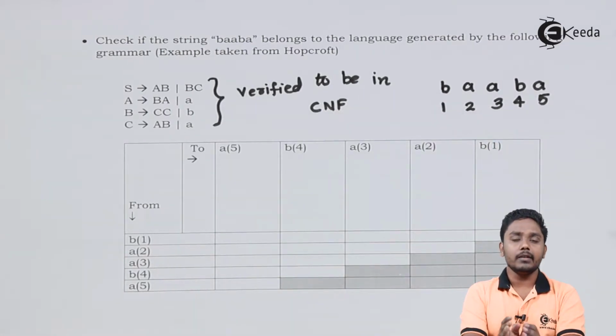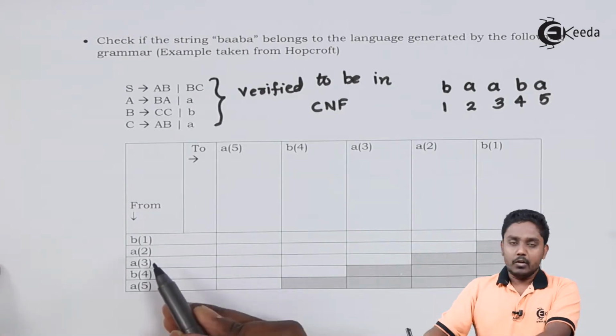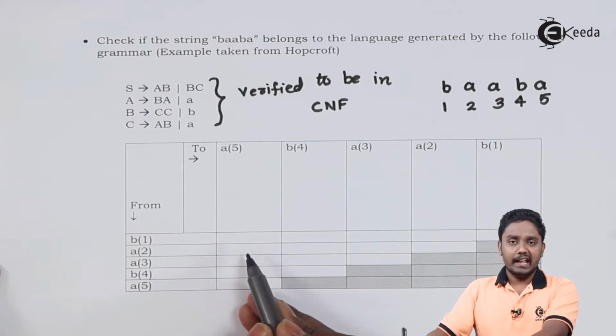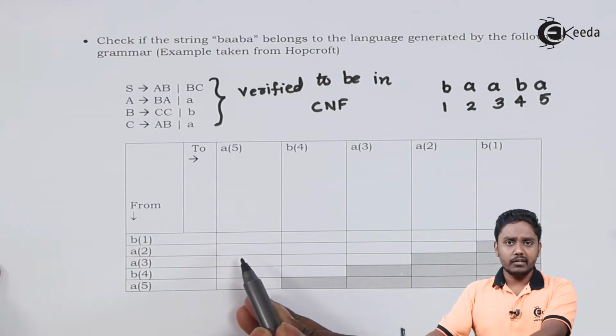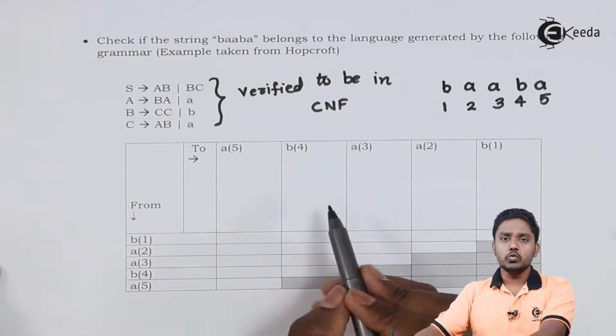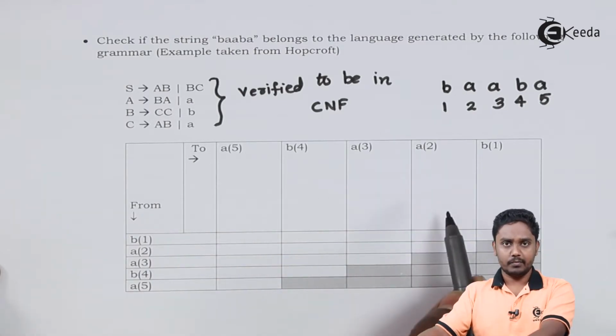So there are 5 symbols in the given string. Hence we come up with a table of 5 cross 5 like this. What does this table represent? This table will contain the LHS of a production which will be producing a string which starts from one of the characters from this list to one of the characters in this list.